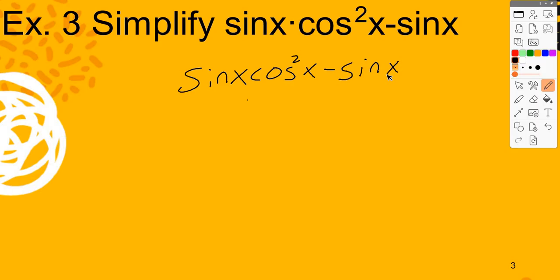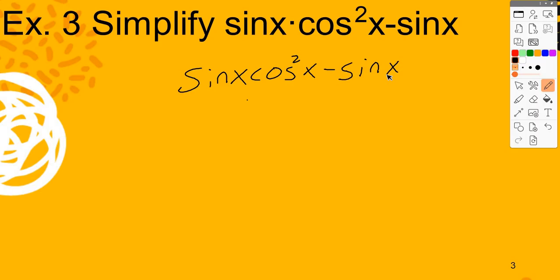And we also have 3 trig functions, right? I have 2 sines and I have a cosine. Agreed? Okay. Now, be careful, because a lot of people's first instinct is they see the 2 sines, they see subtraction, and what do they want to do? Just combine them and make them go away, right?